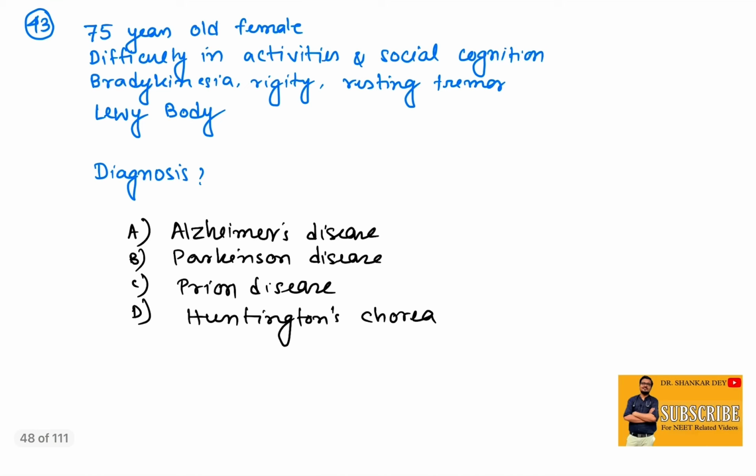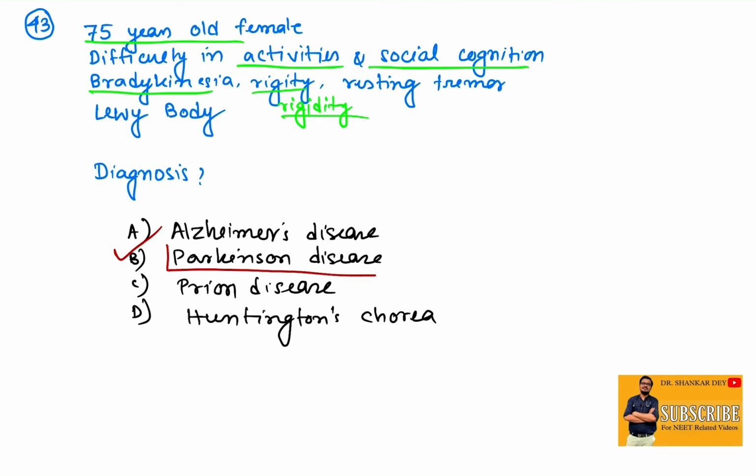Coming to question number 43, 75-year-old female presented with difficulty in daily activities and social cognition, bradykinesia, rigidity and resting tremor, and on histopathology Lewy body is found. What is the diagnosis? This is absolutely typical presentation of Parkinson disease. So the answer is Parkinson disease.